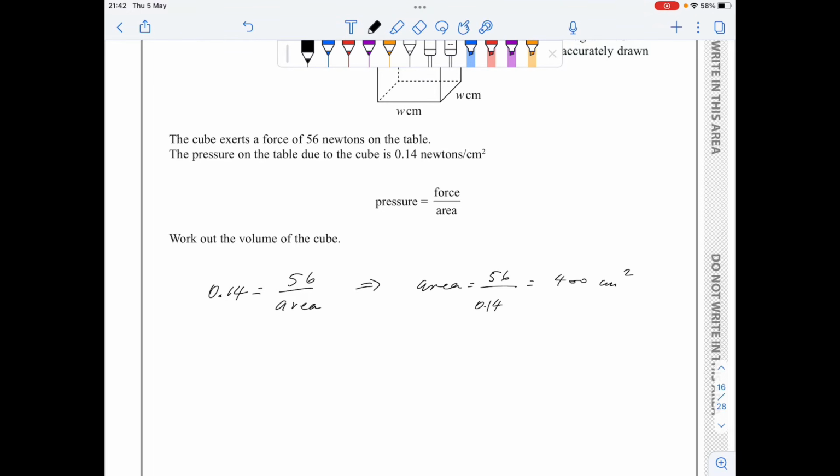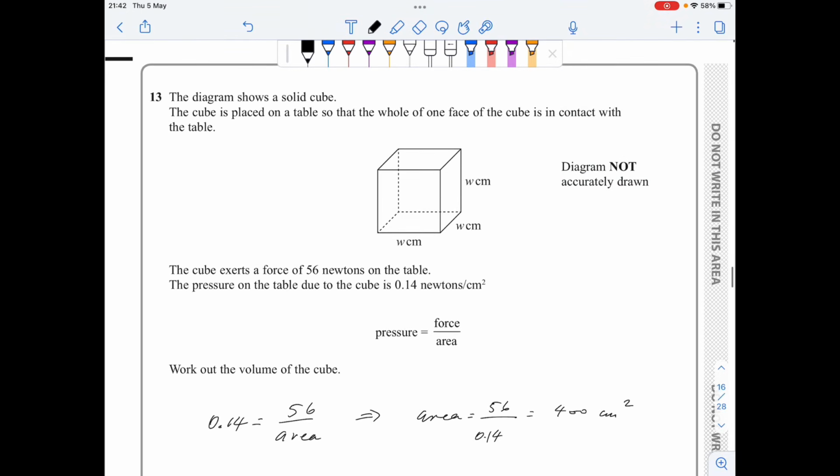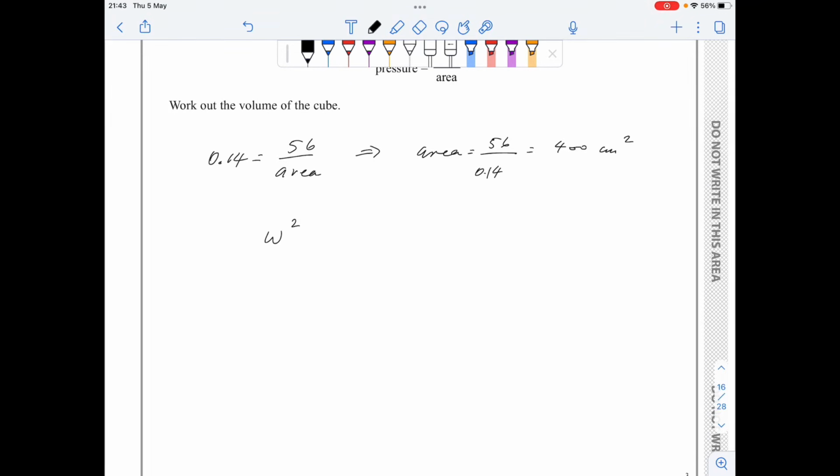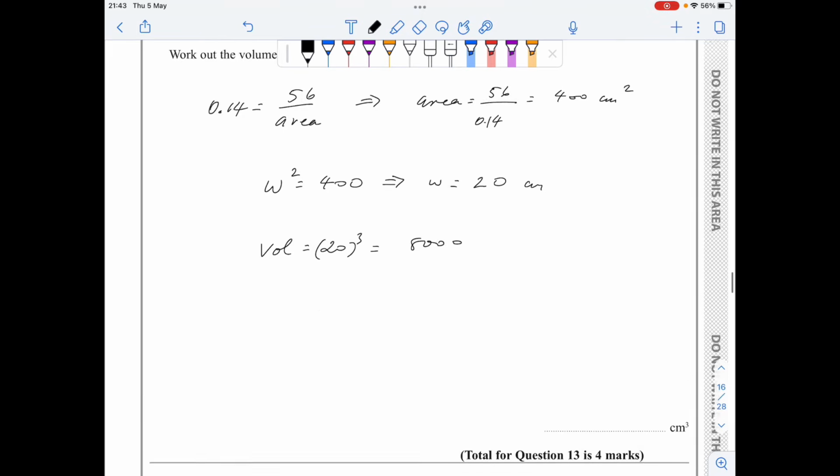Now the area of the face that is in contact with the table is a square of side W, so W squared is equal to 400, which means that W is equal to 20 centimeters. So the volume is given by 20 to the power of 3, which is 8,000 centimeters cubed.